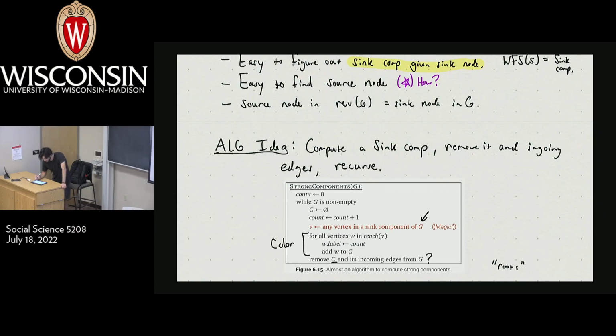Now I've also put a question mark here because how do you actually remove the incoming edges? This depends on how you represent your data structures. If your directed graph has, for every vertex, a list of in edges and a list of out edges, then this is super easy. You just read through your list of in edges, and you can figure out which edges to remove from the graph.